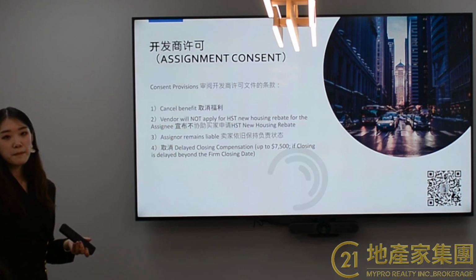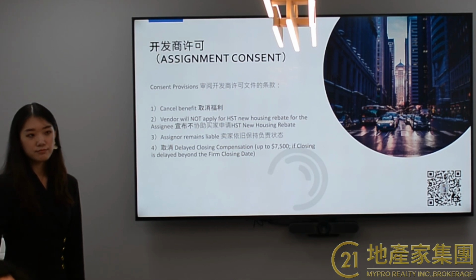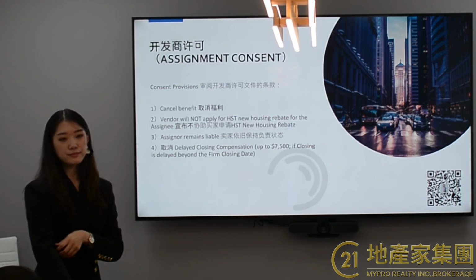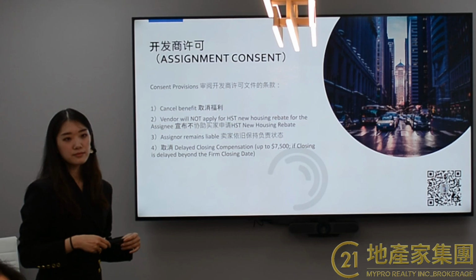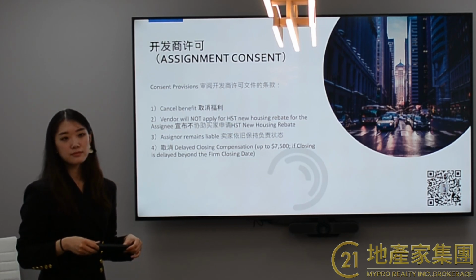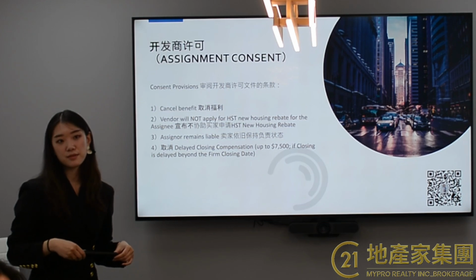When they apply on the closing, the builder will refuse to reduce the HST amount, right? When you apply, they say, sorry, you are not the first person living there as principal resident, because the previous owner was living there. So in this case, if the seller has a plan for assignment, it's better to be vacant. Yes.